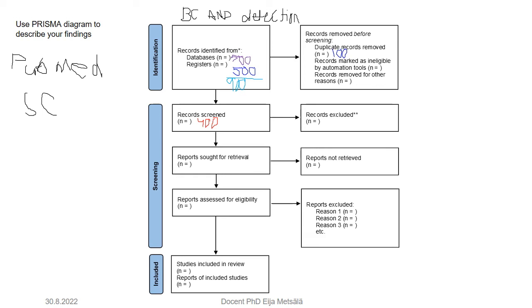Then we read these 400 at abstract level.